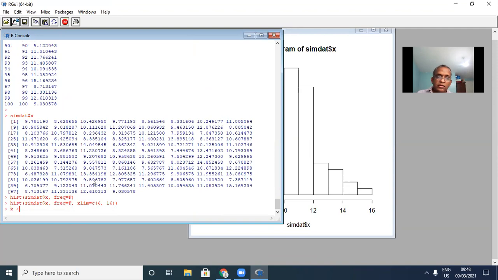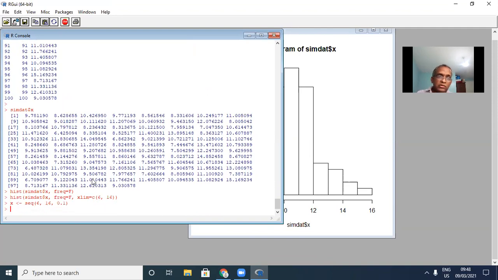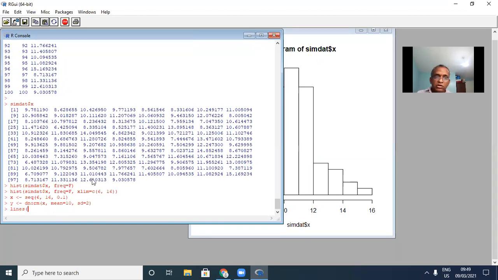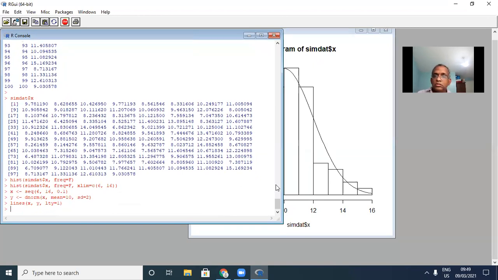Now I'm going to define x as a sequence from 6 to 16, say in steps of 0.1, and y as the density of the normal distribution at x with mean equal to 10 and the standard deviation equal to 2. Now if I use the lines command, x comma y with line type equal to 1, this is what I've got.